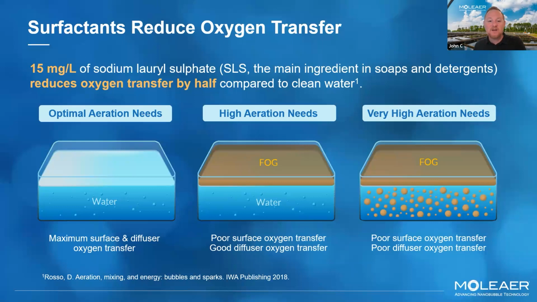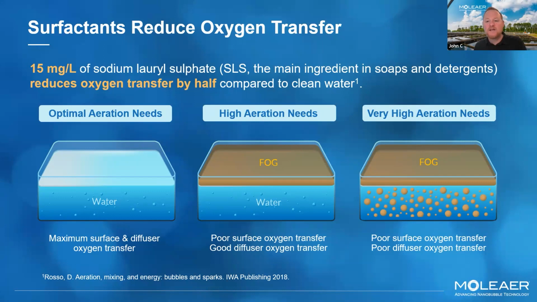The next, in the middle, demonstrates what happens when fog and surfactants accumulate at the surface of a basin. If this is a facultative lagoon, there's zero oxygen transfer across the top, leading to septicity and odors. However, we can still aerate this system. There's still effective oxygen transfer with floor diffusers and fine bubbles, but you're definitely going to have odors and foam at the surface.